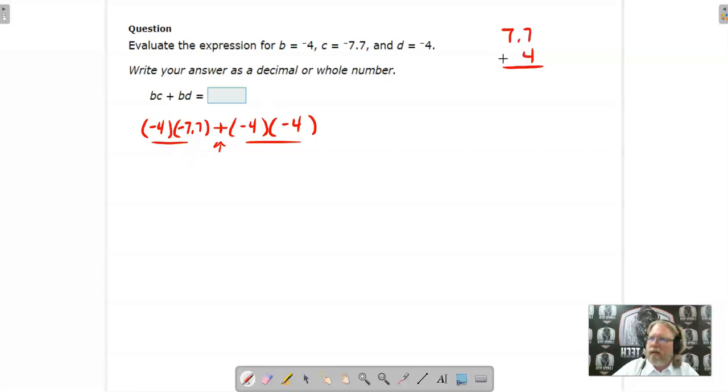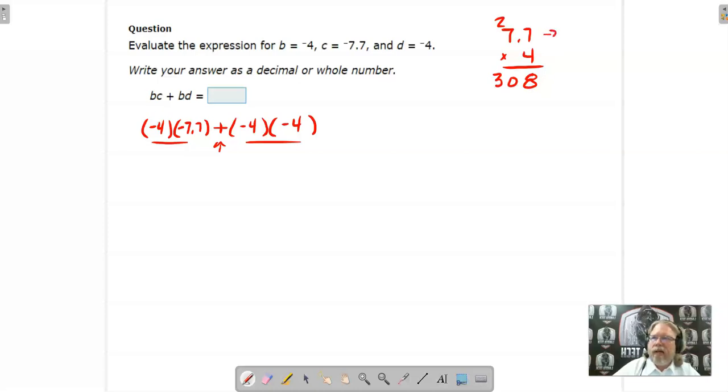We're going to use that old algorithm, the standard multiplication. So 4 times 7 is 28, and we carry the 2. Then 4 times 7 again is 28, add the 2, and that's going to give us 30. So using the standard algorithm for multiplying 2 digits by 1, we get 308.